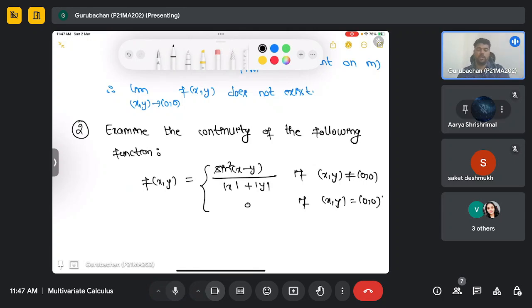As I told you earlier, in order to prove that our function is continuous, we have to apply the epsilon delta definition.